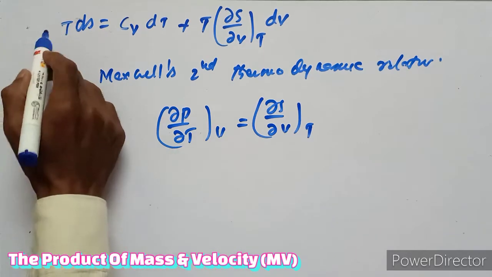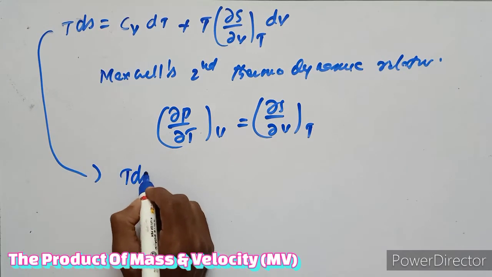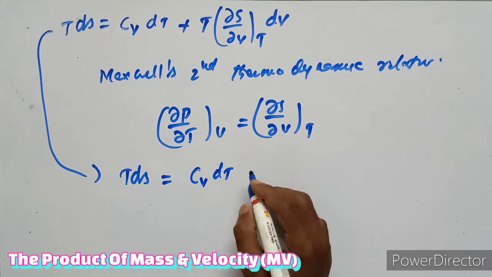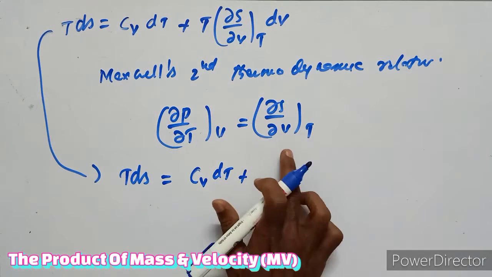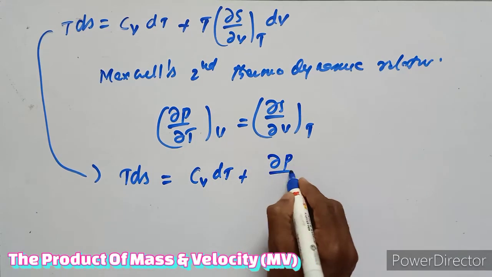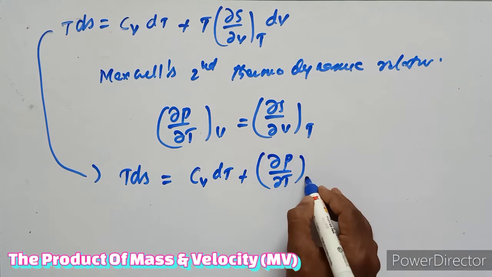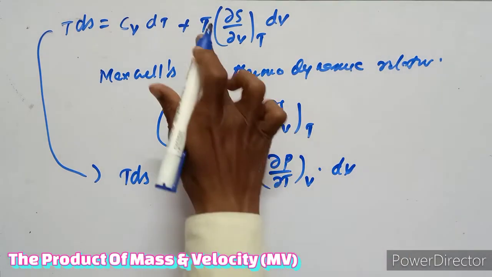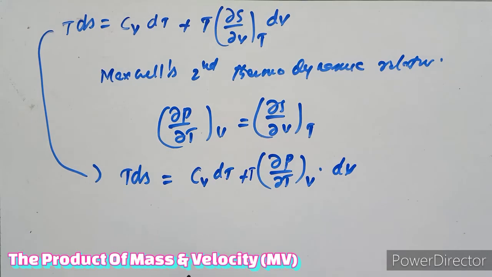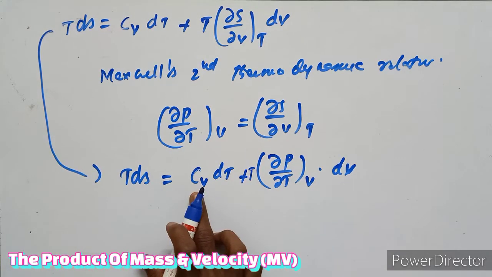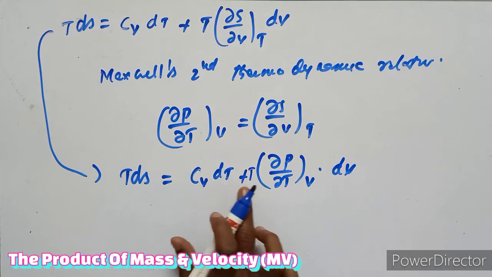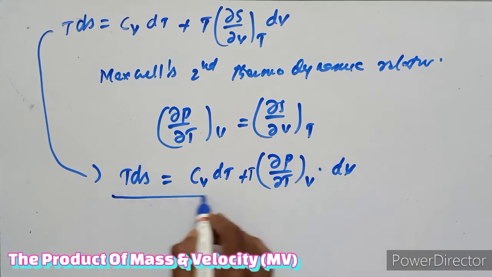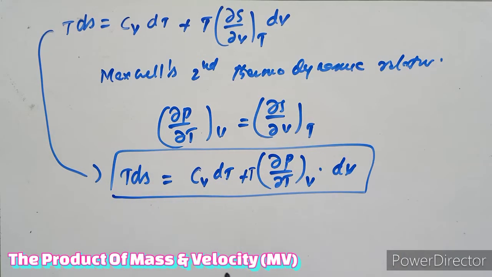Then this equation can be written as Tds equals Cv dt plus T into dou p upon dou t at v dv. This is the first Tds equation.